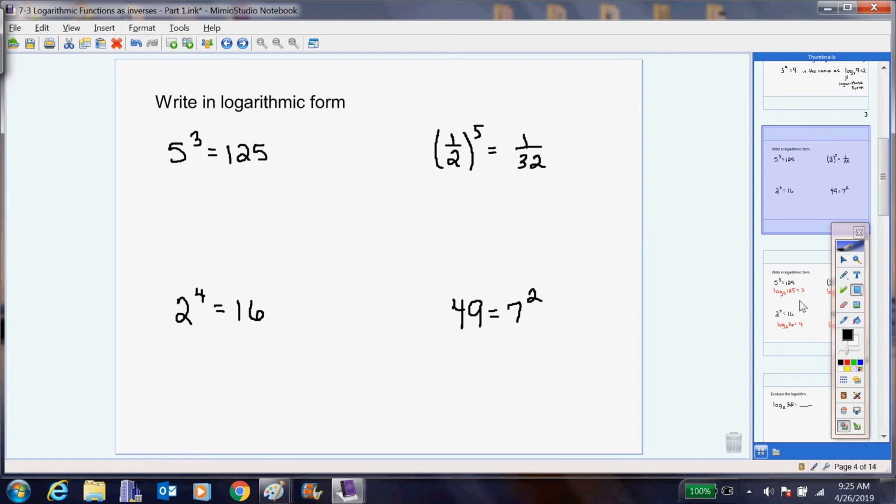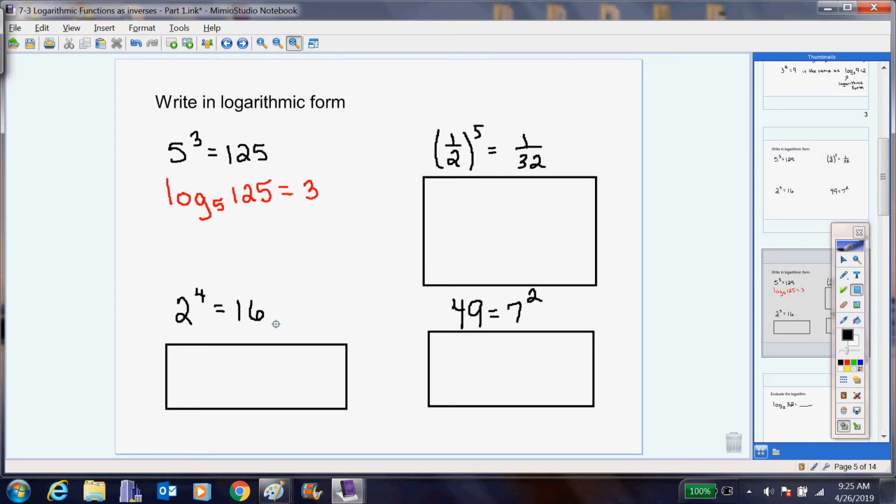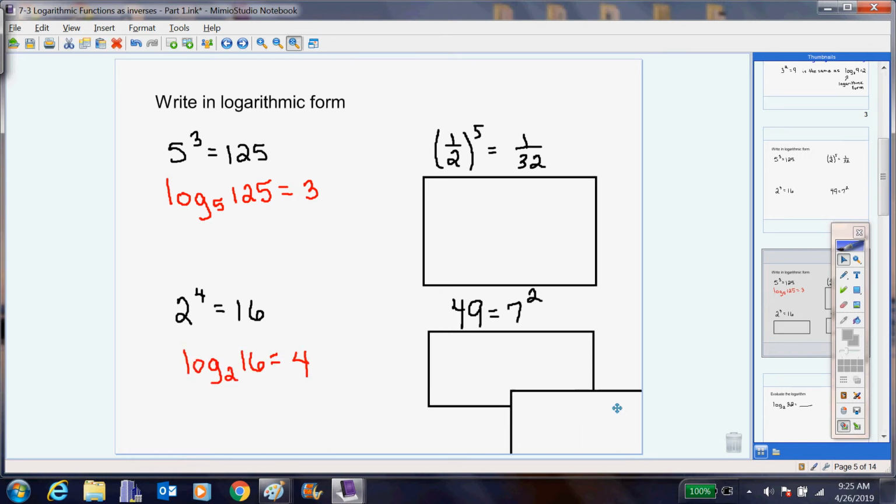So for example, what would the first one look like? Good. So what he said was log base 5 of 125 equals 3. Because 5 to the 3rd power equals 125. It's just writing it in a new form. How about this one down here with the 2? This would be what? Good. Log base 2 of 16 equals 4.